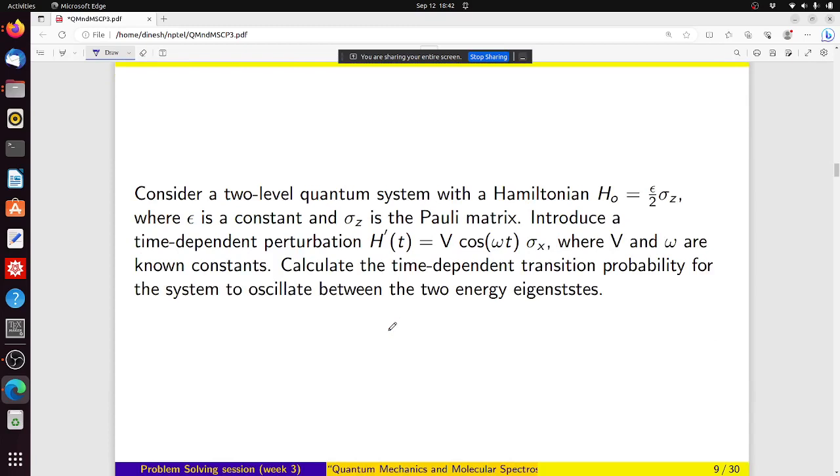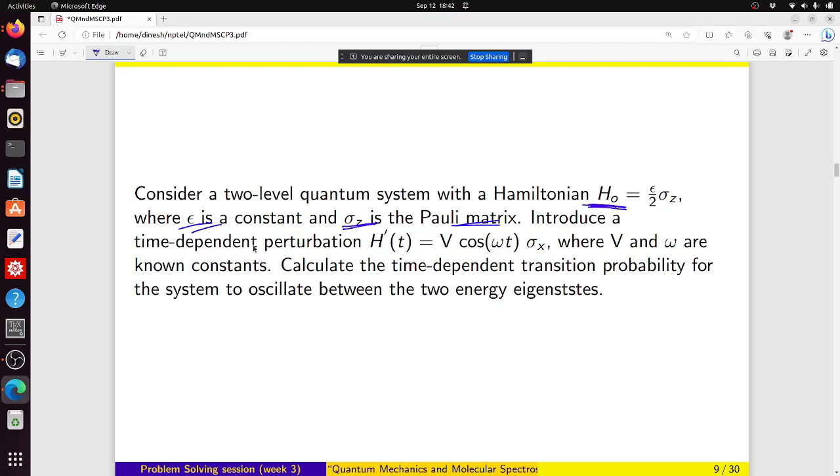Okay, then moving on to the third question. We are given, consider a two level system with zeroth order Hamiltonian epsilon over 2 sigma z, where epsilon is a constant and sigma z is the z component of the Pauli matrices.